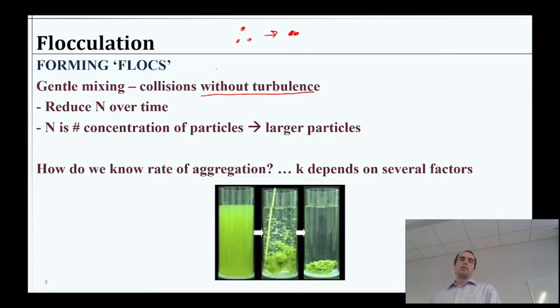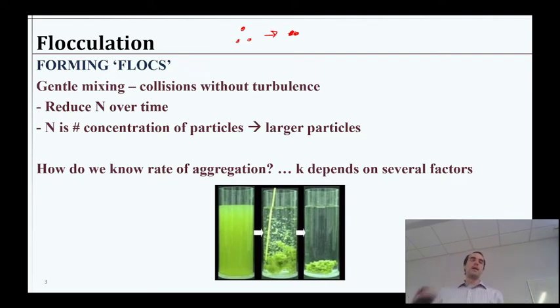So we want mixing conditions so that we don't really have turbulence, but we have a lot of capability for the particles to collide together. And ultimately what this is going to do is allow us to reduce the number concentration of particles over time. So we will essentially have a decay reaction when looking at the number of the particles. We're not changing the volume, we're not changing the mass, we're not changing the particles aside from causing them to stick together.